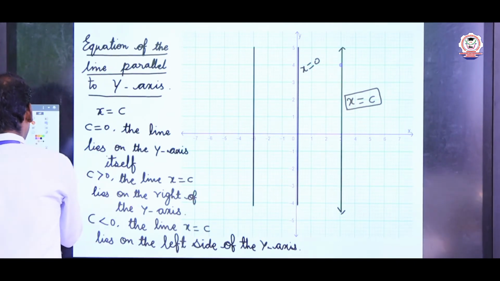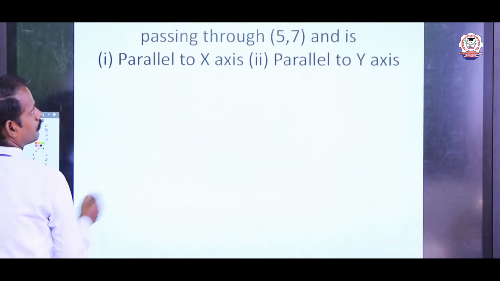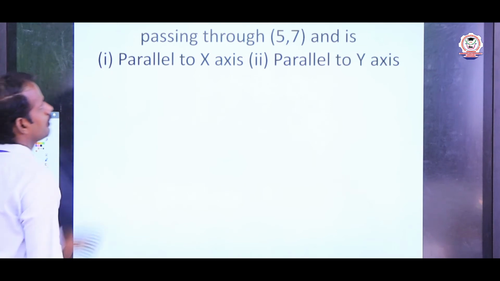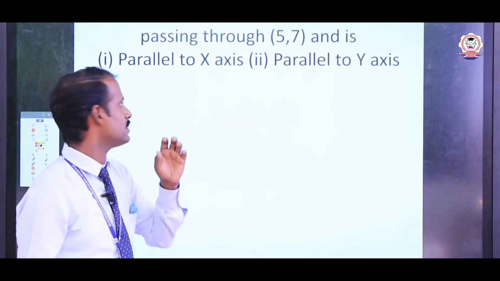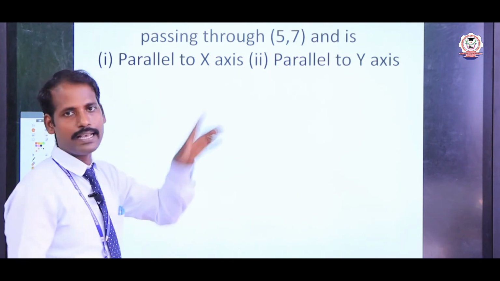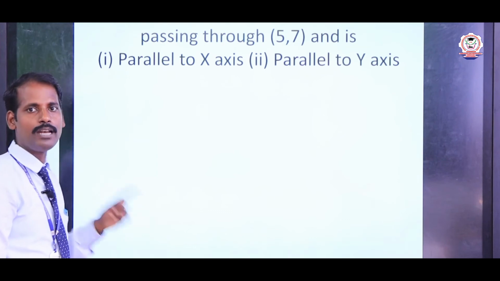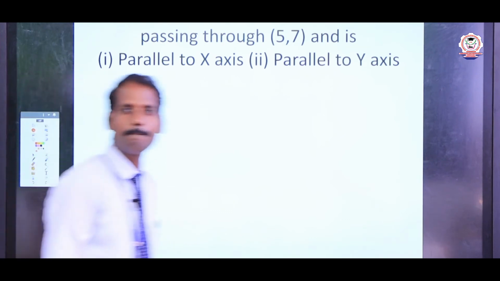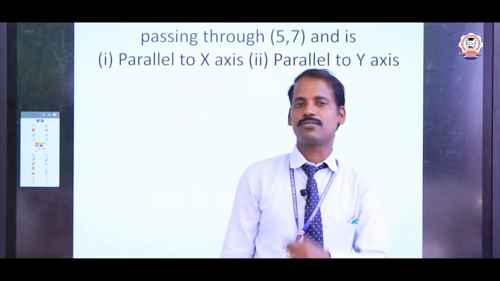Now I will give one example sum. The first sum: find the equation of the straight line passing through (5, 7) and parallel to the x axis. Now we know the equation of a straight line parallel to the x axis, what is the formula? y equal to b, that's it, super.